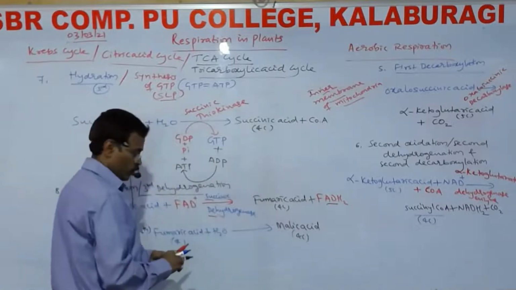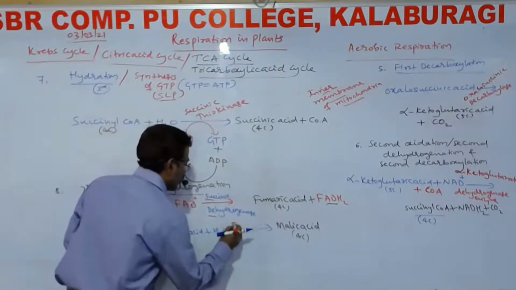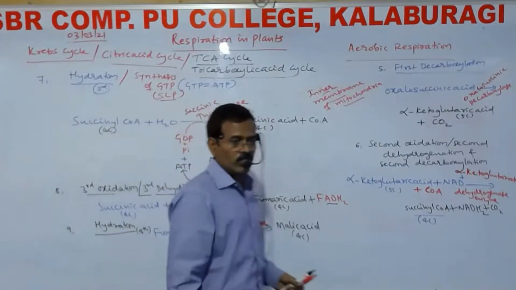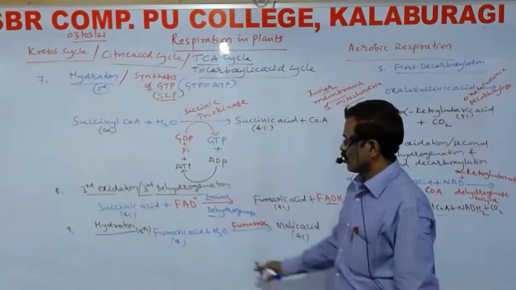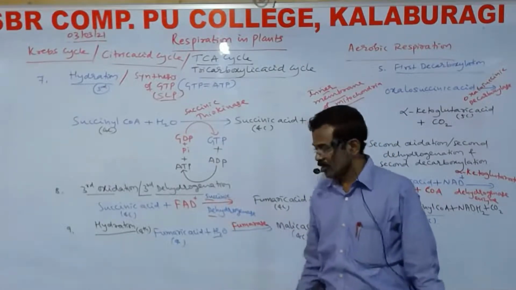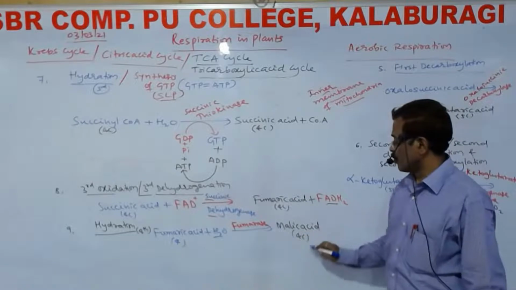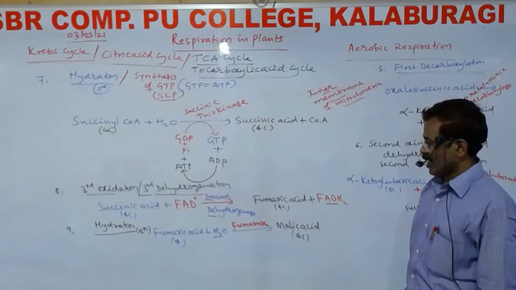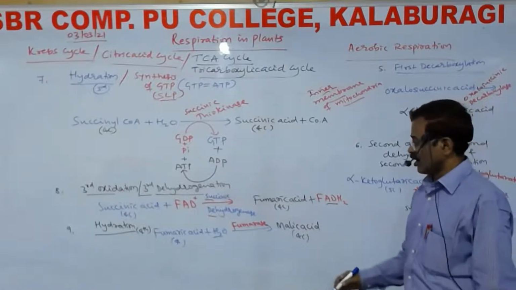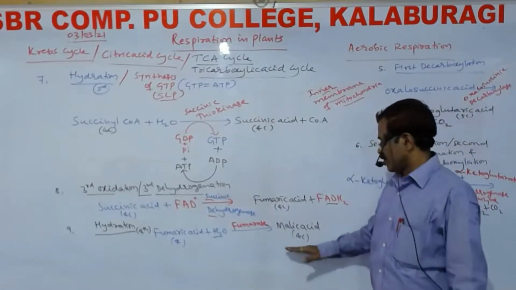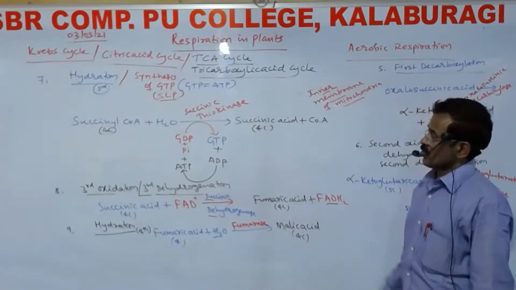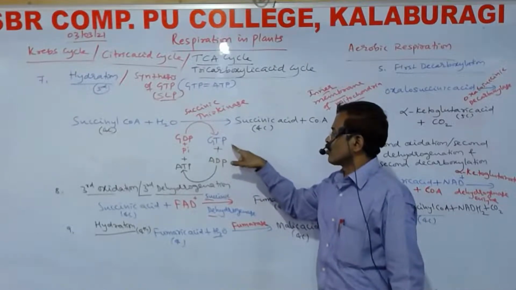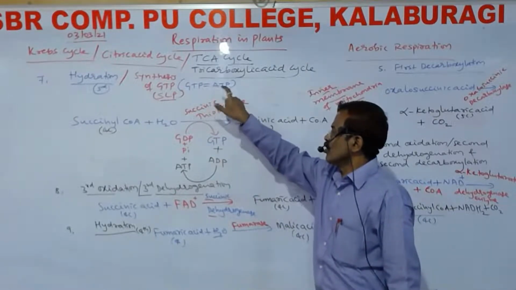One water molecule is used. This is catalyzed by fumarase enzyme. Succinic acid, fumaric acid, malic acid are organic acids having 2 carboxyl groups in them. For step number 7, remember, substrate level phosphorylation results in the synthesis of GTP. GTP is equal to ATP.